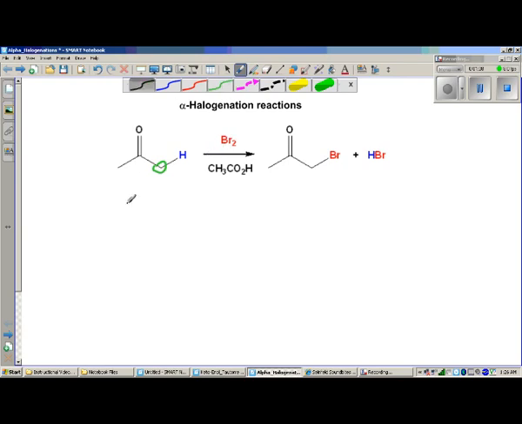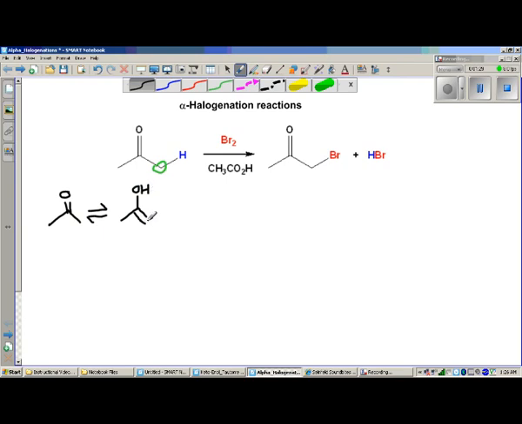So we know that we can go from here using our acid catalyst, and I'm not going to go through all the steps again, but you can get to here, you can get to your enol.